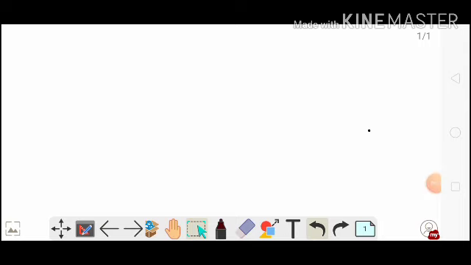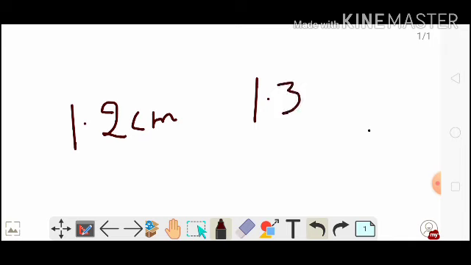Suppose you are asked to measure the diameter of the pen you are using. You cannot use your normal meter rule or the normal scale that you have in a geometry box to measure that length accurately. Suppose the length of the pen you are using is coming between 1.2 centimeter and 1.3 centimeter.